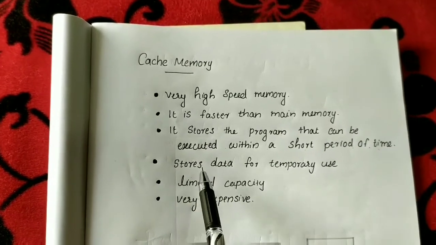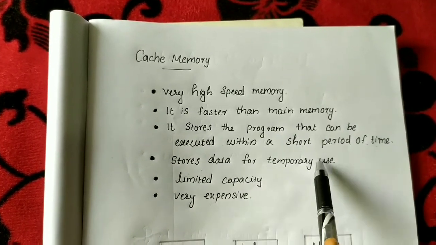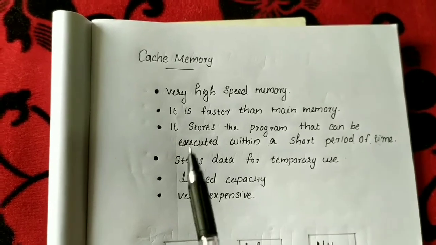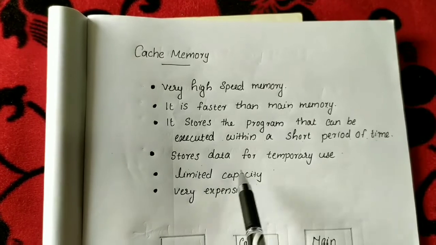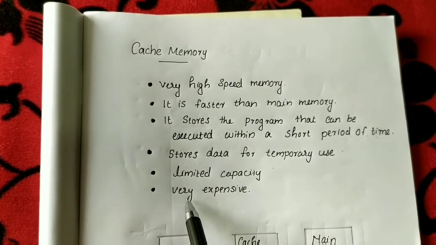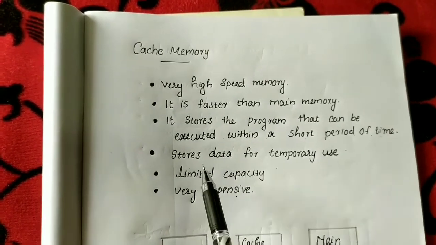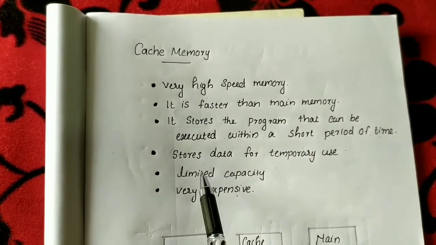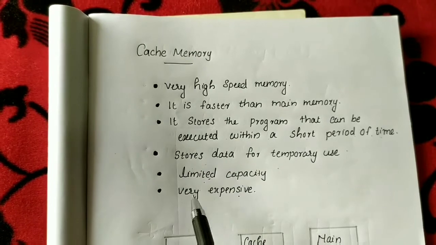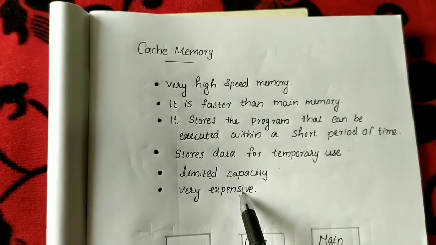It stores data for temporary use. The limitations of cache memory are limited capacity and it is very expensive. Only a few data can be stored in the cache memory.